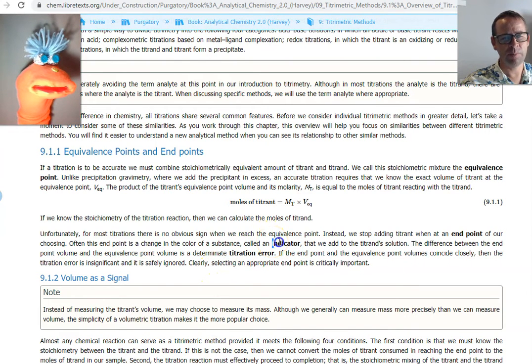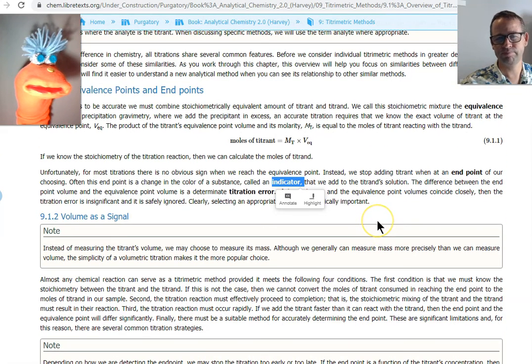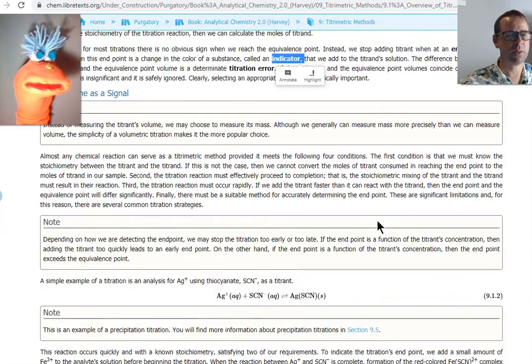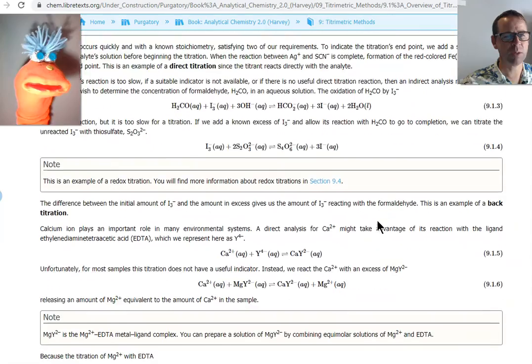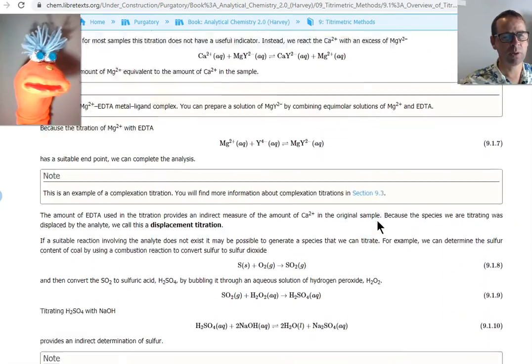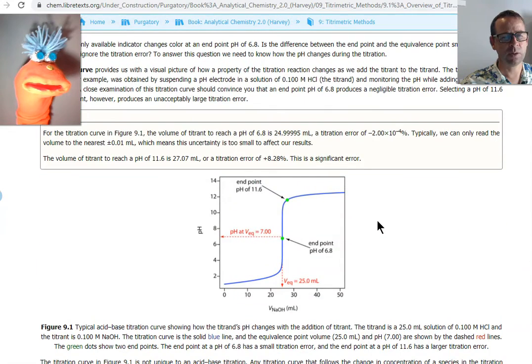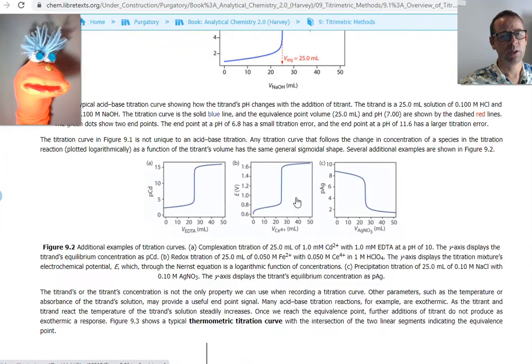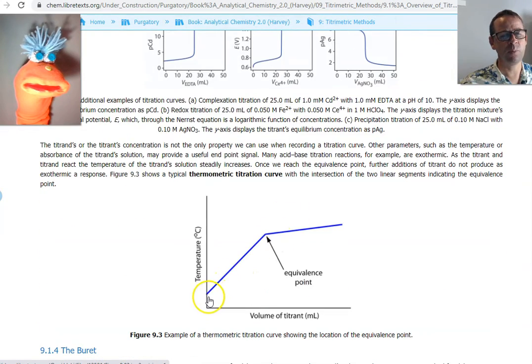Okay, so let's get back to our book here. In your titration reactions, you need to have some way to indicate that the reaction has come to completion. All right. Now, this titration indication can be a change in a pH curve, a change in a color of a dye, right? You can even do where you look at the temperature of the reaction.